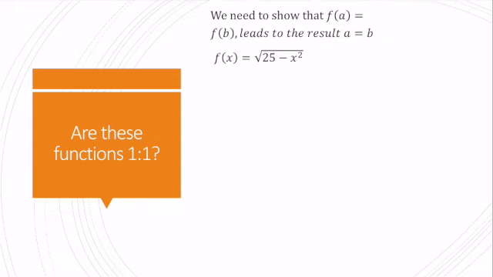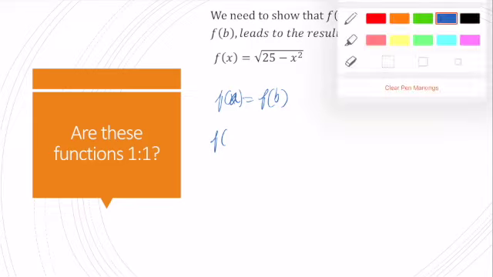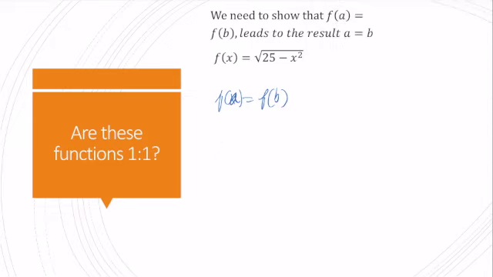All right, let's go ahead and try this. I need to show that f of a equals f of b. So I'm going to take the square root of 25 minus a squared equals the square root of 25 minus b squared.